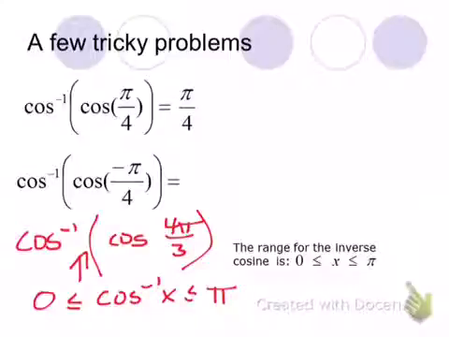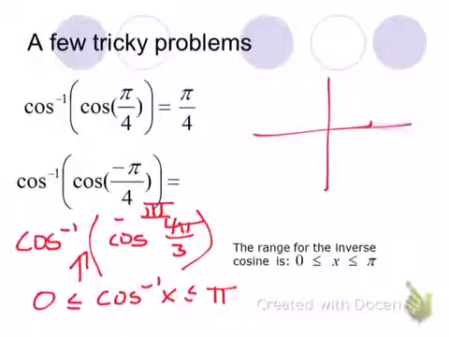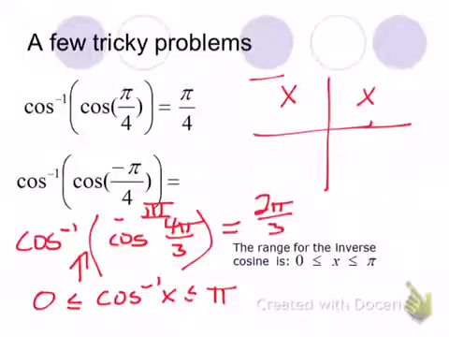Okay? Now, where is 4 pi over 3? That's in the third quadrant, and the cosine is negative there. So this is going to go either to the first or second quadrant. Where is the cosine negative between those two quadrants? The second quadrant. Pi over 3 in the second quadrant is 2 pi over 3.